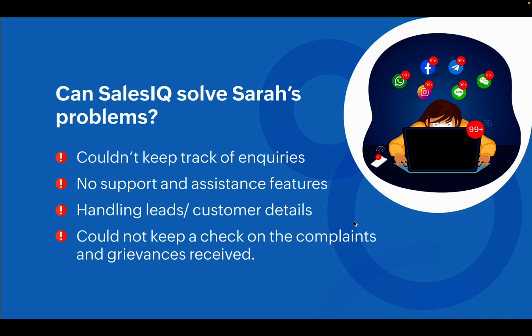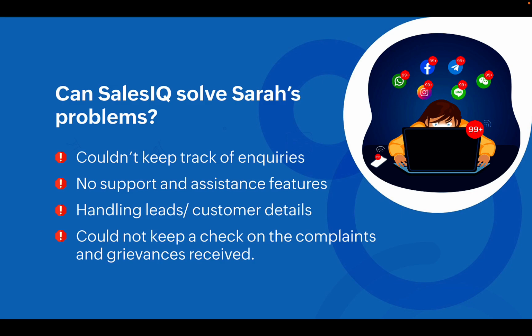And has SalesIQ helped her with those problems or not, right? Let's see. So first up, her team could not keep track of all the inquiries and potentials and customers in the different platforms, that is Facebook, Instagram, WhatsApp, and all of those platforms.